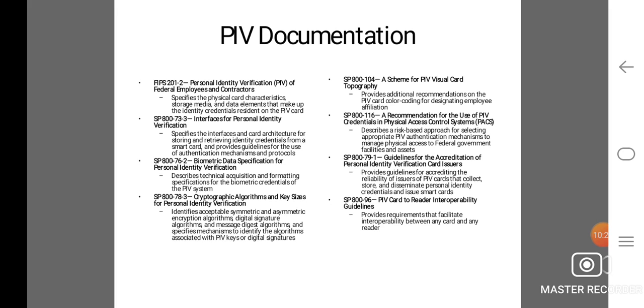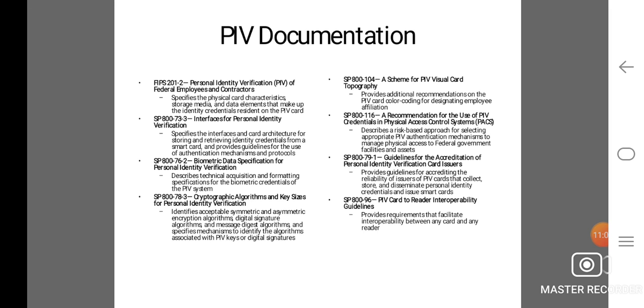PIV documentation: FIPS 201-2, personal identity verification of federal employees and contractors. SP 800-73-3, interfaces for personal identity verification. SP 800-76-2, biometric data specification for personal identity verification. SP 800-78-3, cryptographic algorithms and key sizes for personal identity verification.